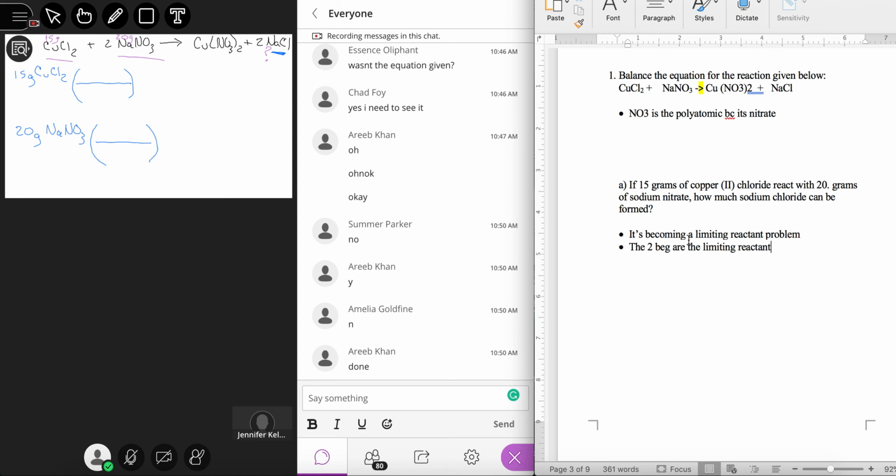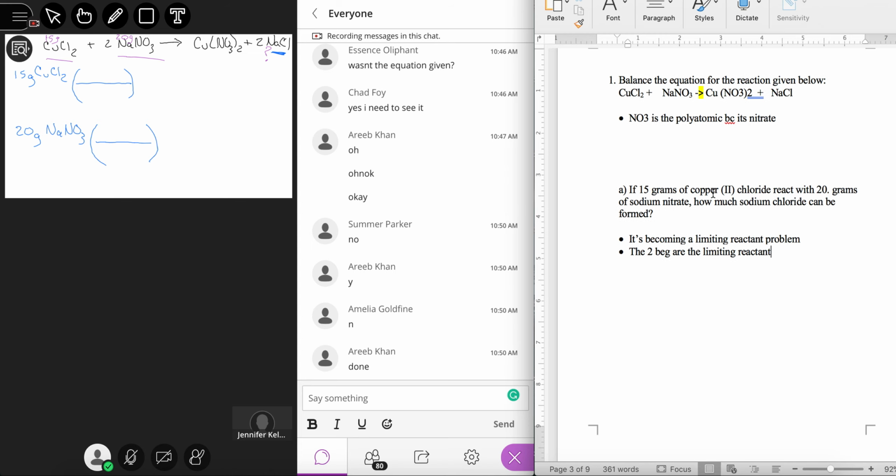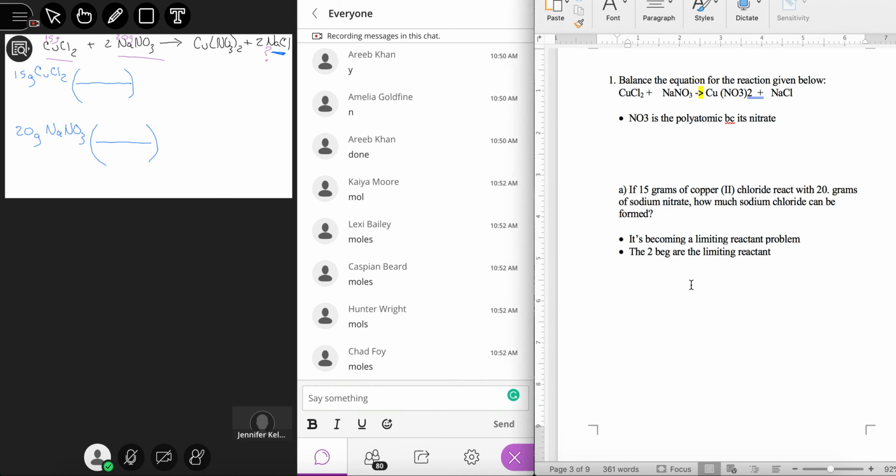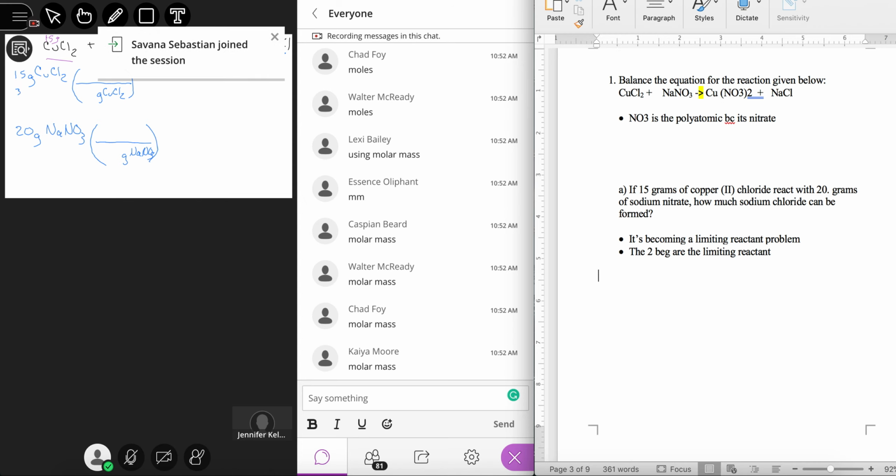All right, so what's my first step? I'm going to go grams to what? To moles, correct. And if I go grams to moles, what do I use? Molar mass, good. All right, and so for the copper chloride, what is the molar mass of copper? I don't know that one. I know chlorine.